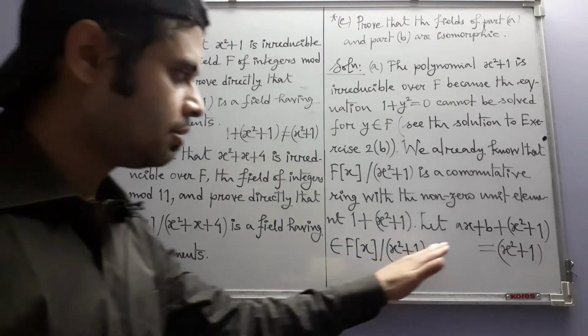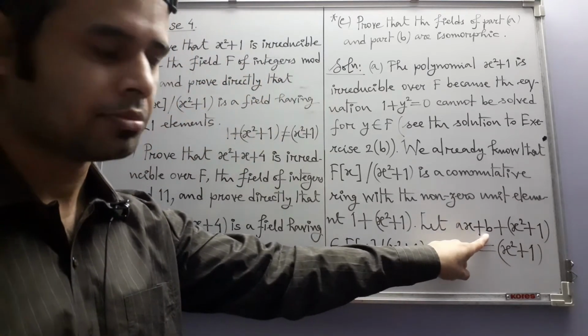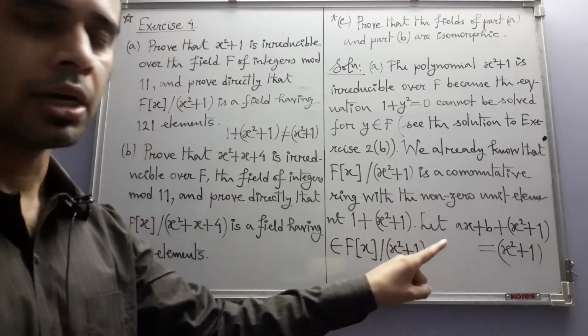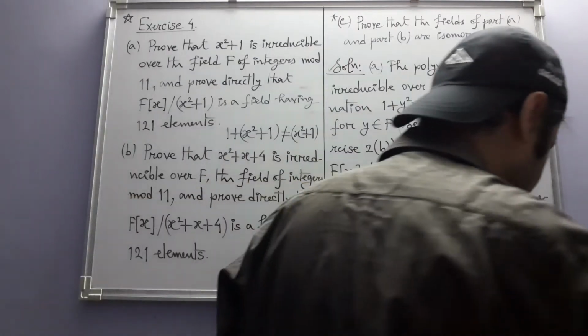That means if we are choosing a non-zero element of this form, then at least one of a or b should be non-zero. So that's what we will mention.